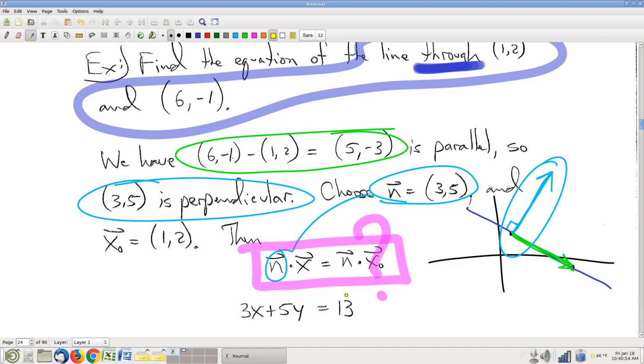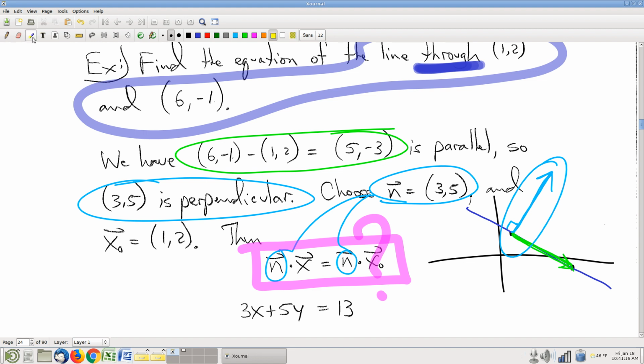Let's see. What is that x naught? I just need x naught to be any point in the line. I have two of them, right? Our cup runneth over. Pick one; it doesn't matter. Whichever one you find most convenient to do the arithmetic with. So I guess I like the smaller numbers here.